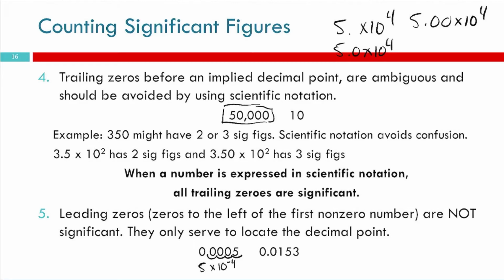If there's no decimal point, ambiguous significant figures, if there's trailing zeros, like 10 or 50,000. An example is 350, right? So this is 3.5 times 10 to the 2. Or if we wanted to show that there are 3 significant figures, we write 3.50. And again, it follows the same rules that we covered before, where all trailing zeros are significant if there's a decimal place.